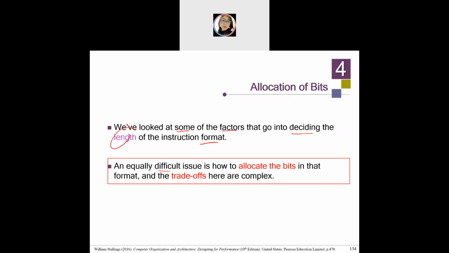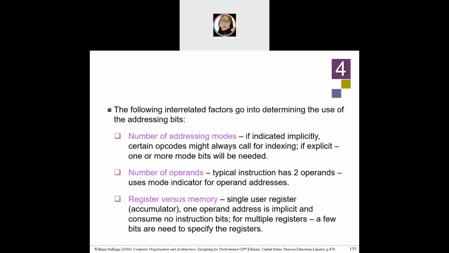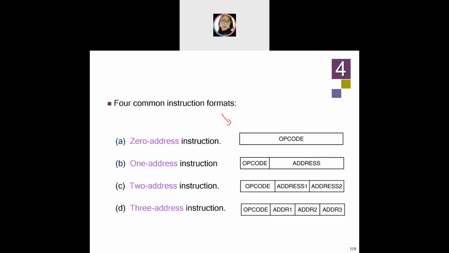Therefore, an equally difficult issue is how to allocate the bits in the format, and the trade-off. It is complex in terms of the allocation of your bits, especially when you play around with the addressing size.